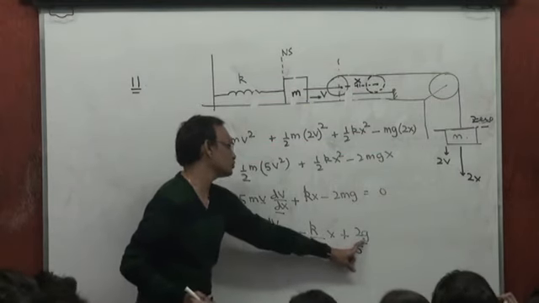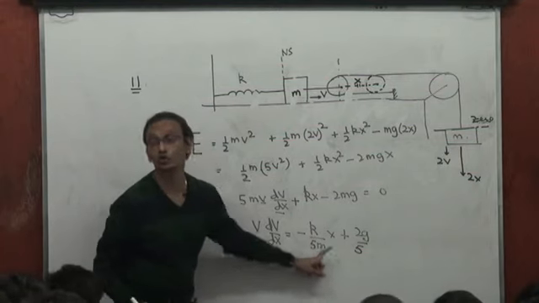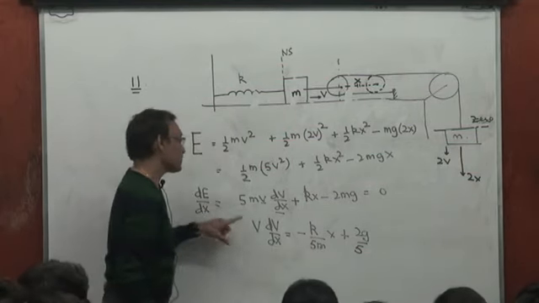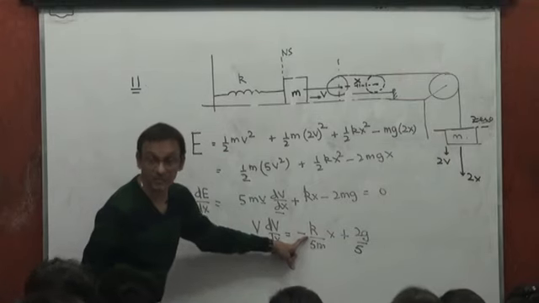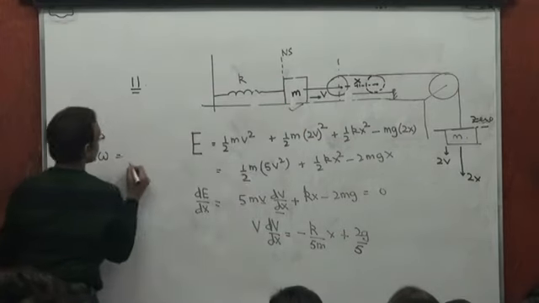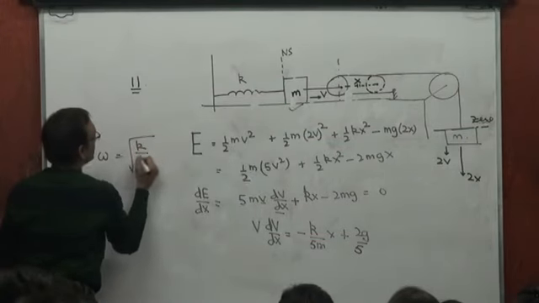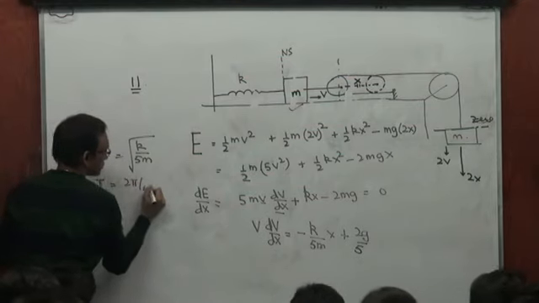So x equal to 2mg by k is going to be the equilibrium position, and the omega square for the oscillation is k by 5m. So the omega for the oscillation of this mass m is going to be root k by 5m. The time period is going to be 2 pi by omega.